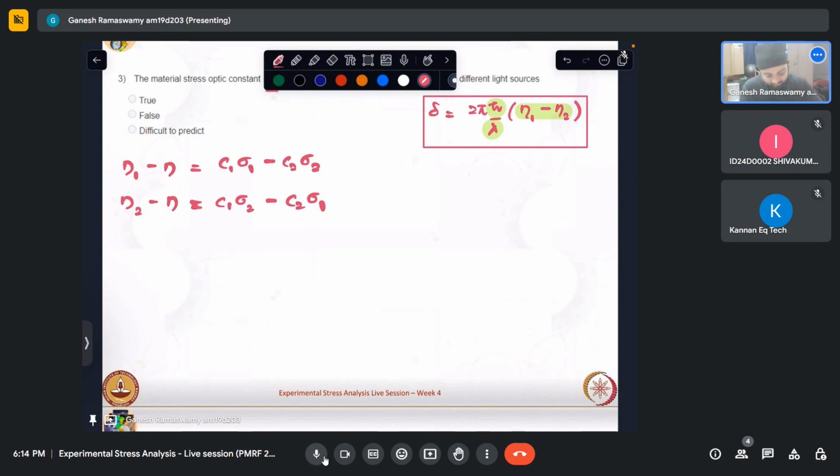These C1 and C2 are material constants which relate its optical properties. One is the transverse effect, one is the longitudinal effect.